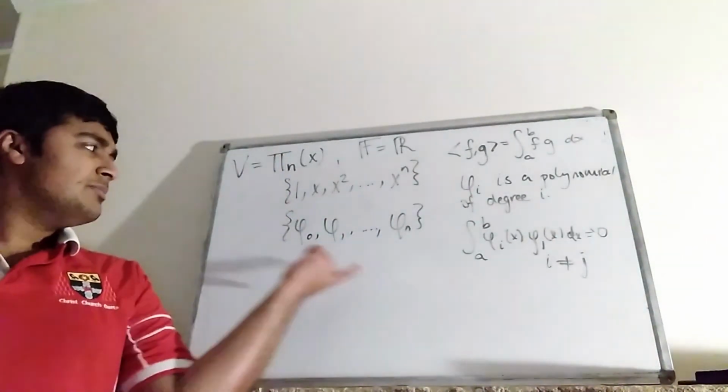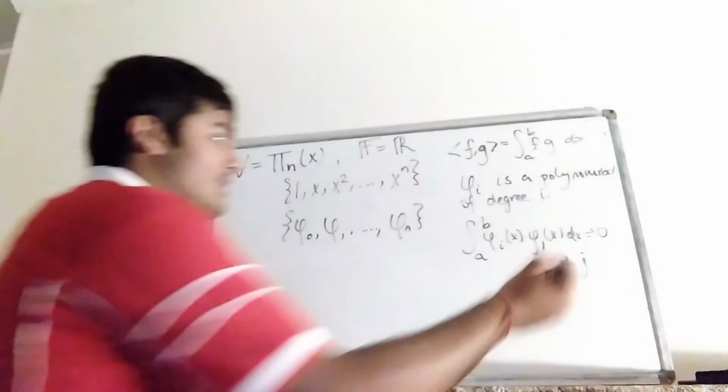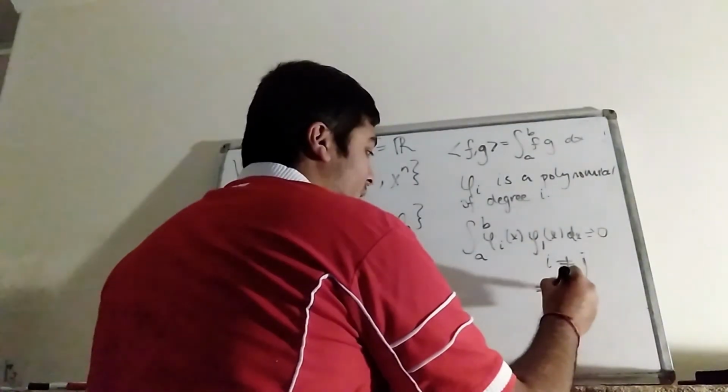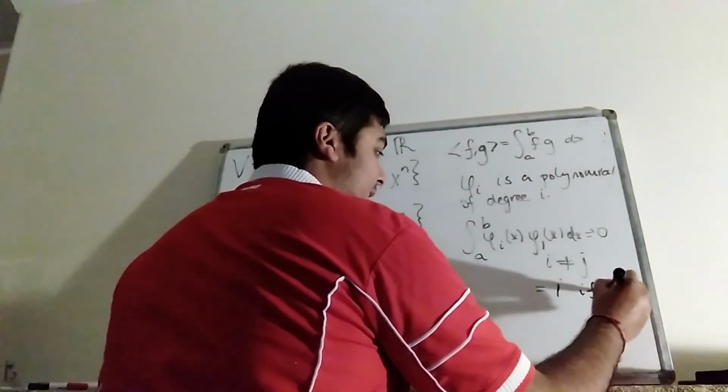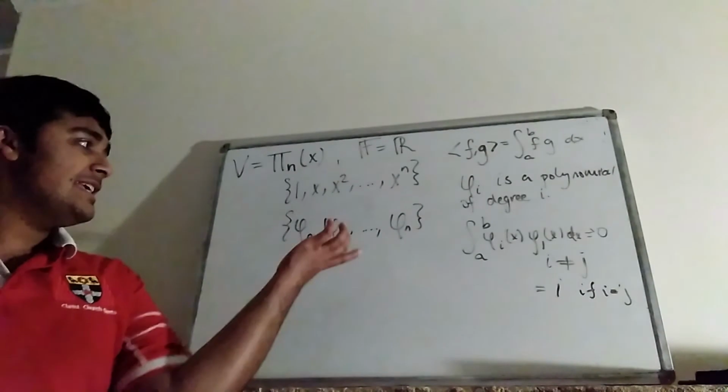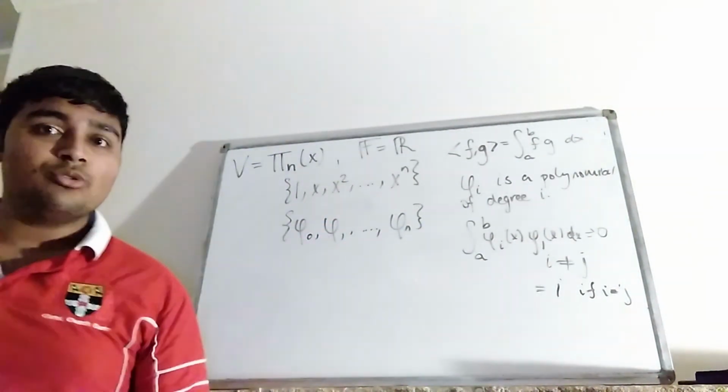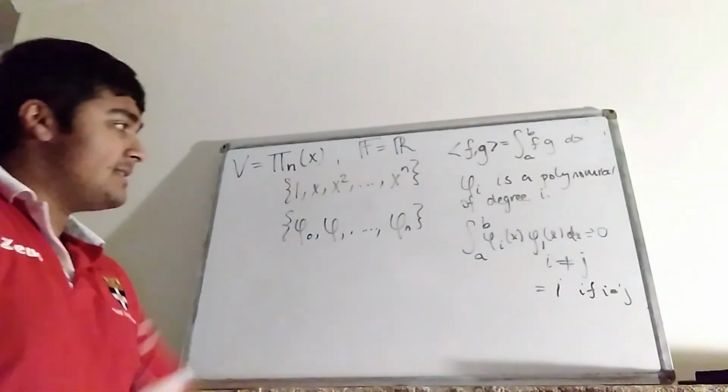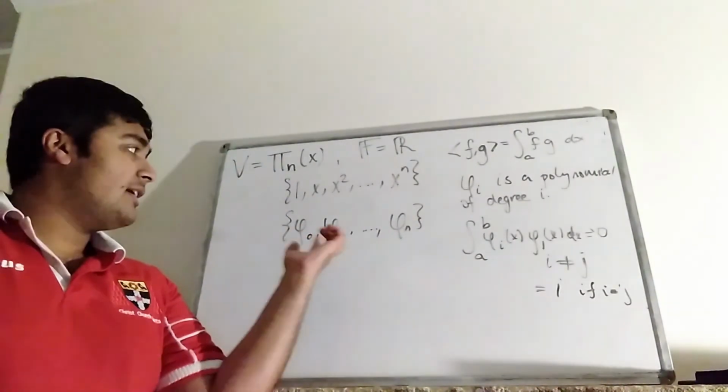And in fact, we may assume without loss of generality that this integral here in fact equals 1 if i equals j, and that's just by making each of these vectors here orthonormal. So that means that they're still orthogonal, but we're going to divide through by the magnitude.